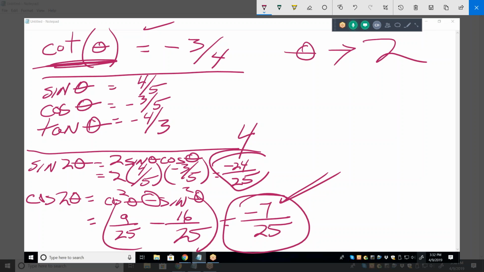And then the last thing they wanted was the tangent of 2 theta. Let me see if I can remember this. This is kind of hard to remember. I want to say, divided by 1 minus tangent.